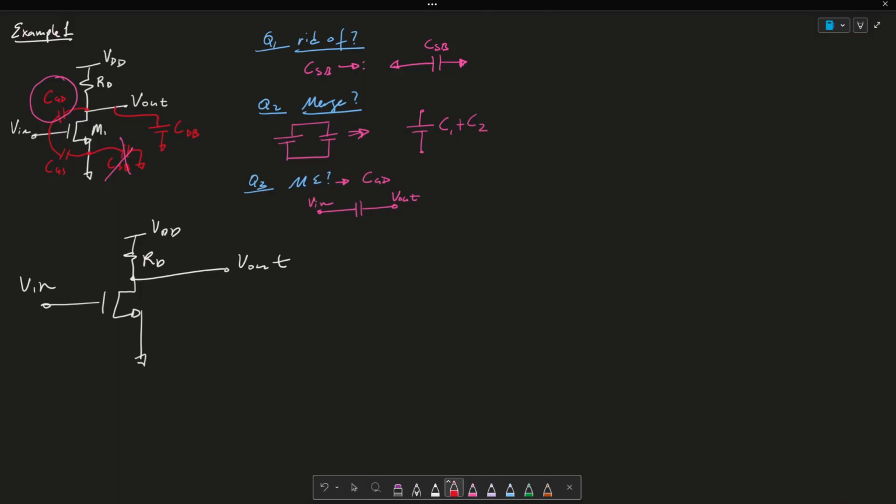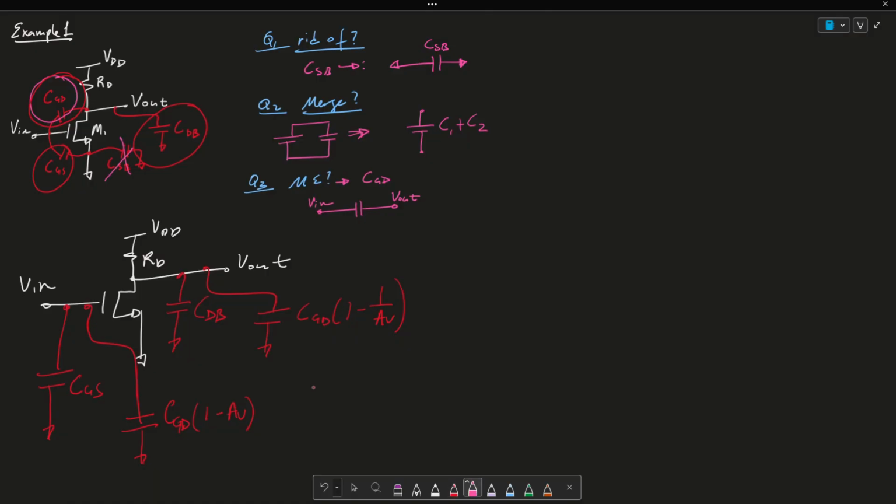Again, at my V in terminal, I'm going to have a capacitor CGS, this one here. I'm going to have another capacitor CGD, and Miller multiplication requires that this be multiplied by 1 minus AV. And then on my output, I'm going to have this capacitor here, CDB, and this capacitor here, CGD times 1 minus 1 over AV.